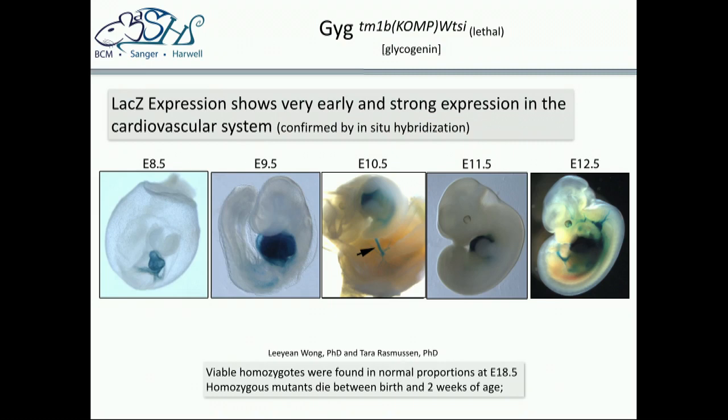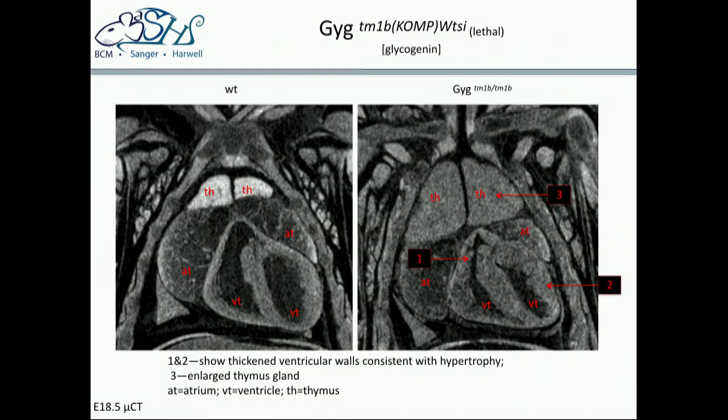Homozygotes are found in normal proportions at 18.5, but they die shortly after birth. And they exhibit a cardiac phenotype, cardiomyopathy, as I alluded to earlier, where you have this enhanced thickening of the ventricular walls.